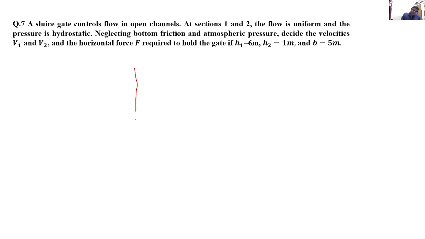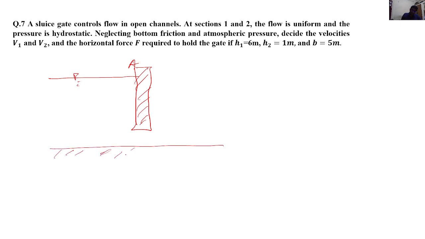Okay, so the diagram for the question would look like this. This is the sluice gate. This is the upstream, this is the channel bed, and this is the downstream. So let us suppose we have two sections, section 2 on the downstream and section 1 on the upstream.